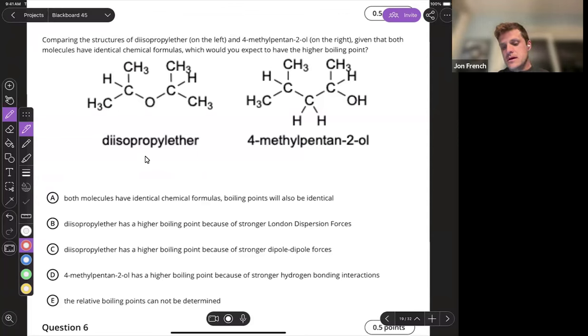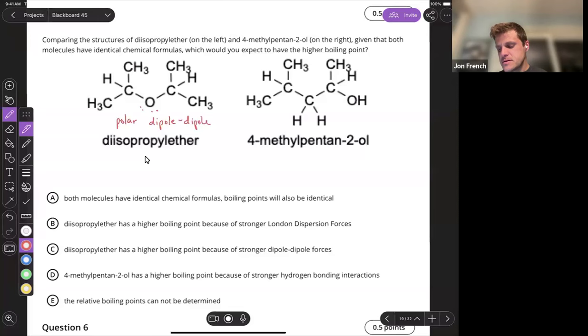If we look at this diisopropyl ether, we have an oxygen, but it's within this alkyl chain. So we've got a carbon-oxygen bond, so it's going to be slightly polar. And because it's polar, we're going to have some dipole-dipole forces, but not really a lot.